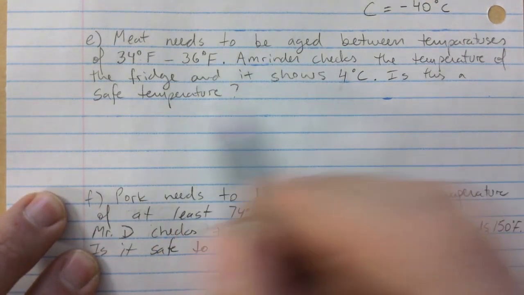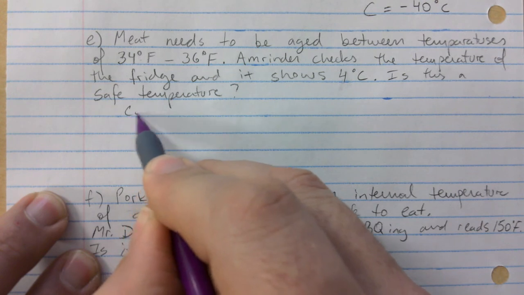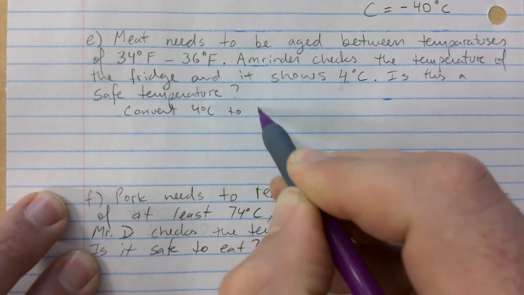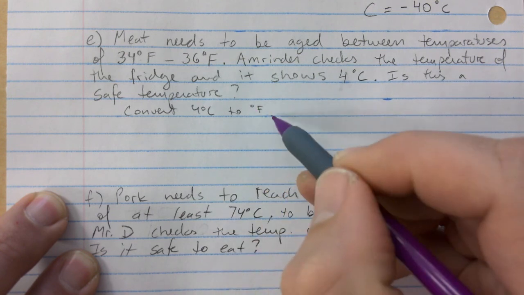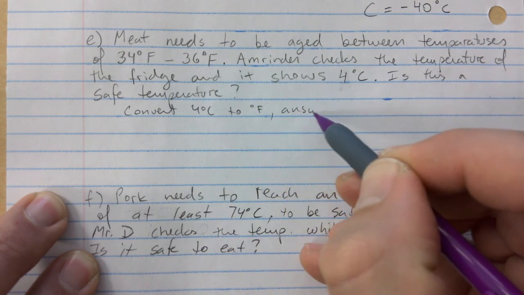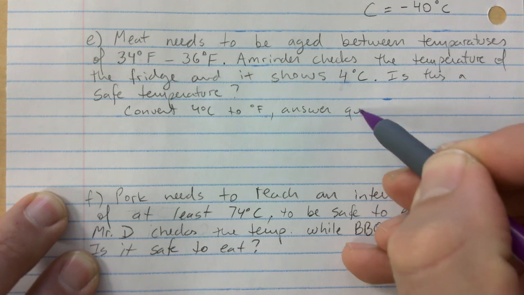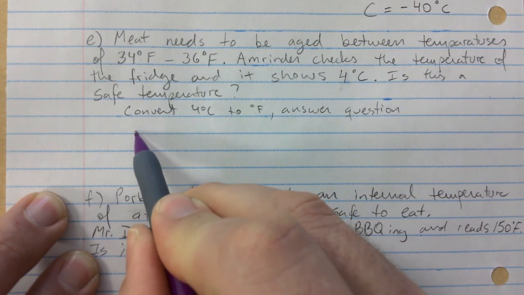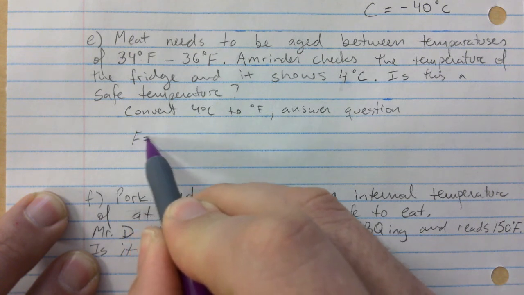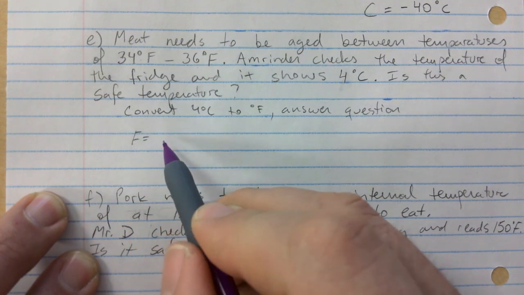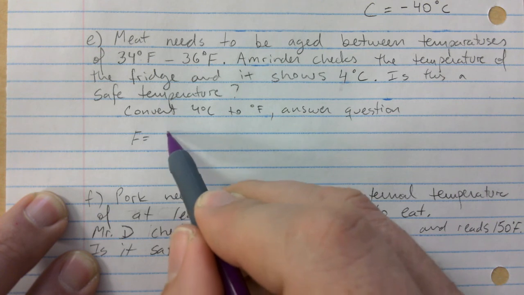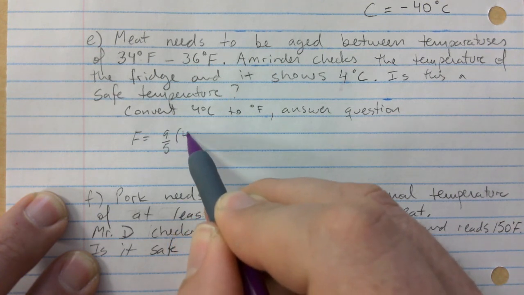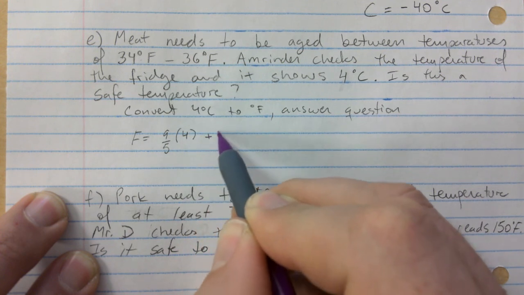Here we go. So basically, convert 4 Celsius to Fahrenheit, then answer the question, right? So we want Fahrenheit is equal to 9/5 Celsius, which is the 4, plus 32.